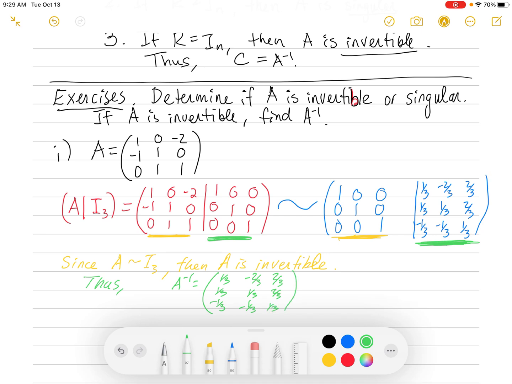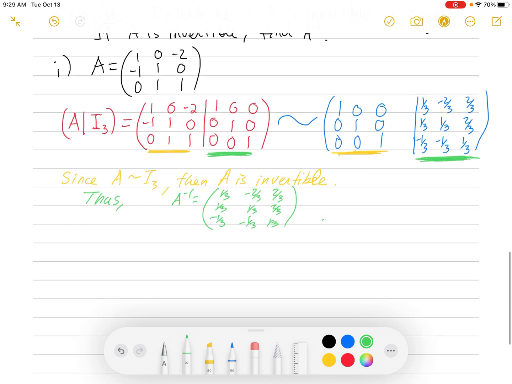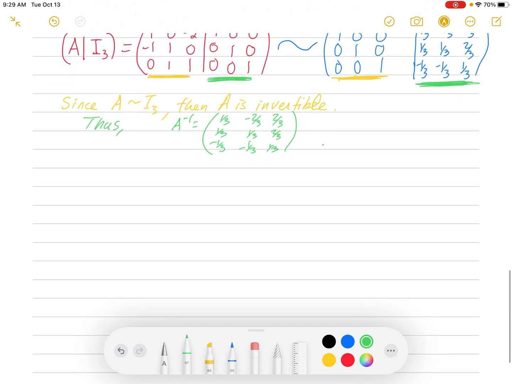Right, that's the inverse. That's called the C or A inverse. And that's how you find an inverse, if it exists. Okay, let's scroll and let's do another problem.